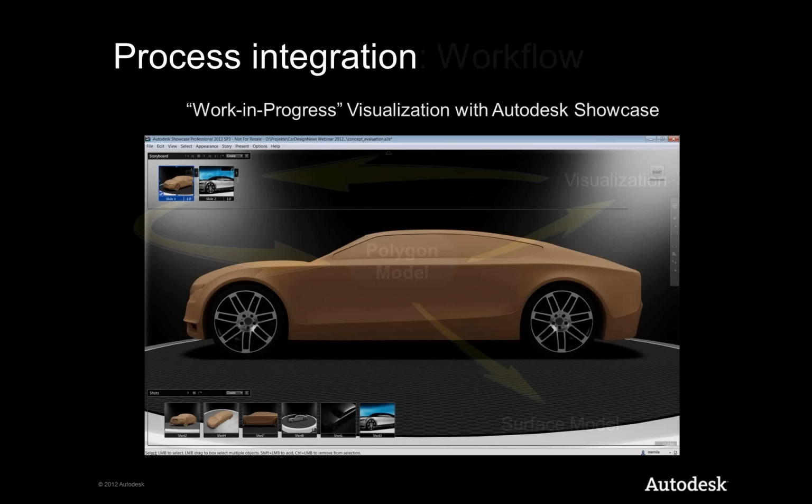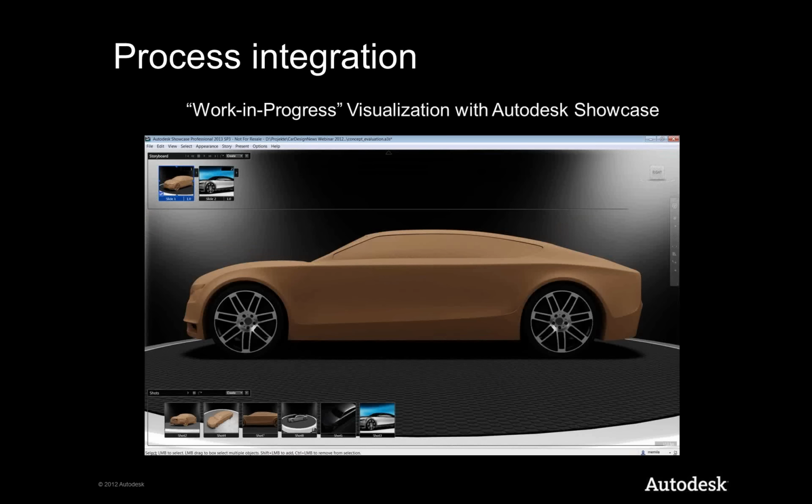So if I go into the next steps, this is about the visualization. I have my Maya model, and Maya offers really a lot of features to generate high-end images, but you need to know a lot about the workflow, about how these tools are working.